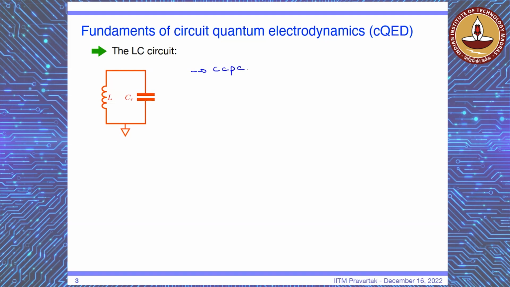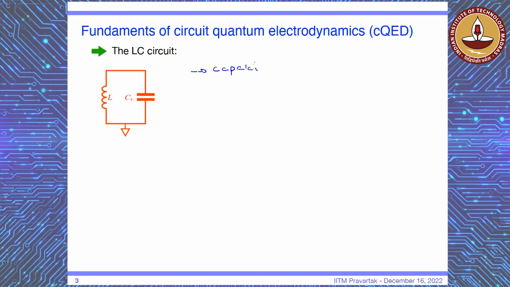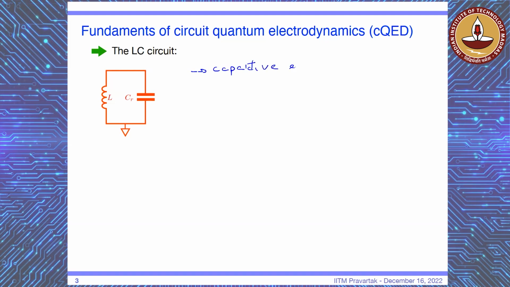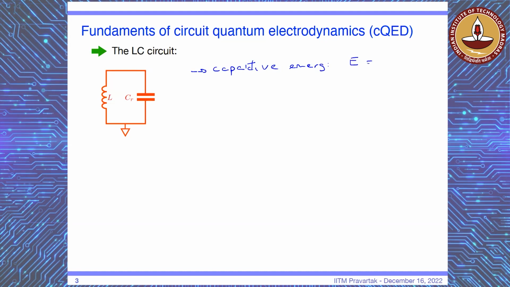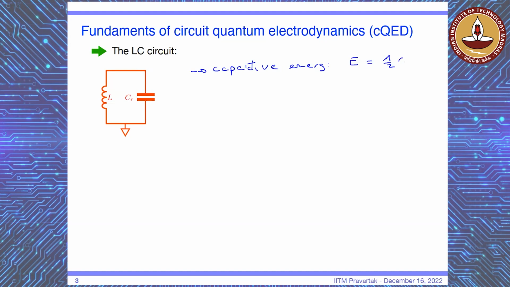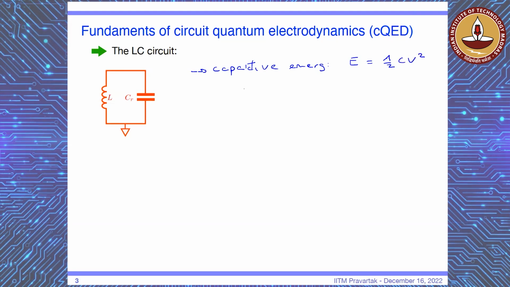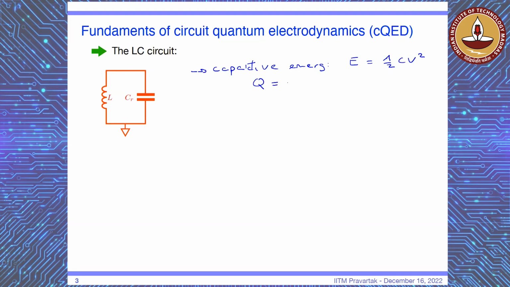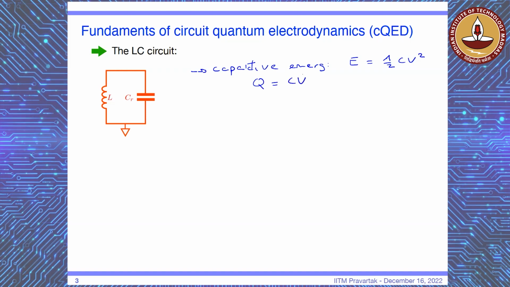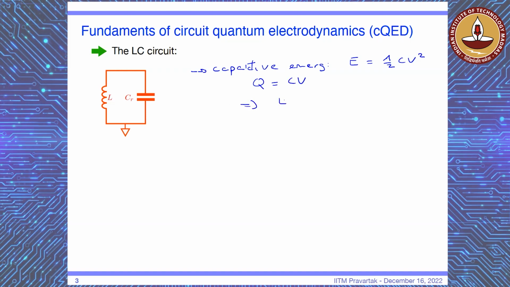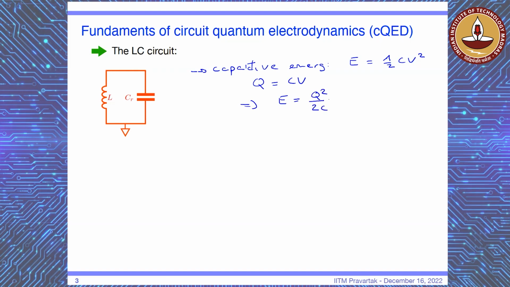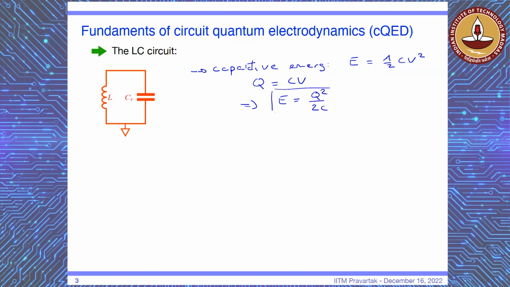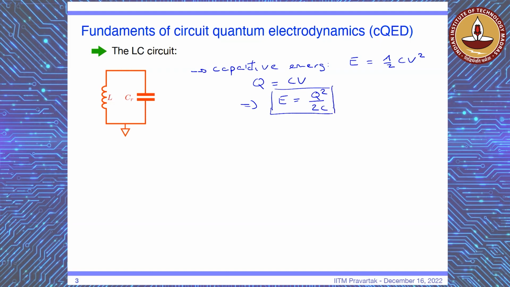So you'll have two types of energies here. We'll have capacitive energy, which is 1/2 CV squared. The charge in a capacitor is equal to CV, so I can rewrite my energy as charge squared over 2C, a typical expression.